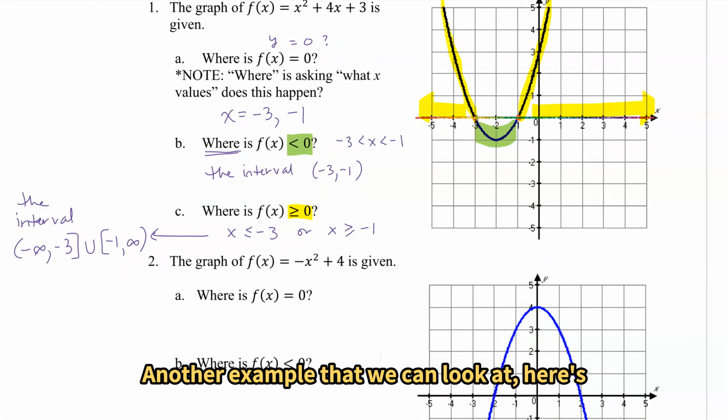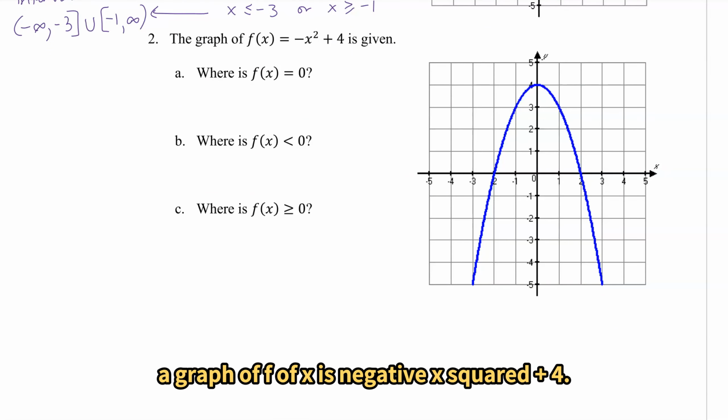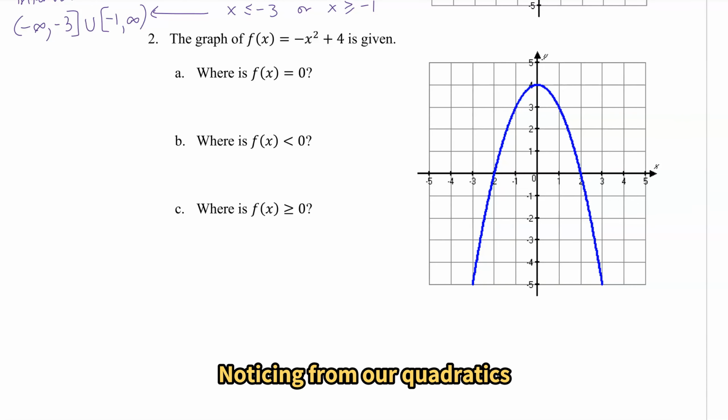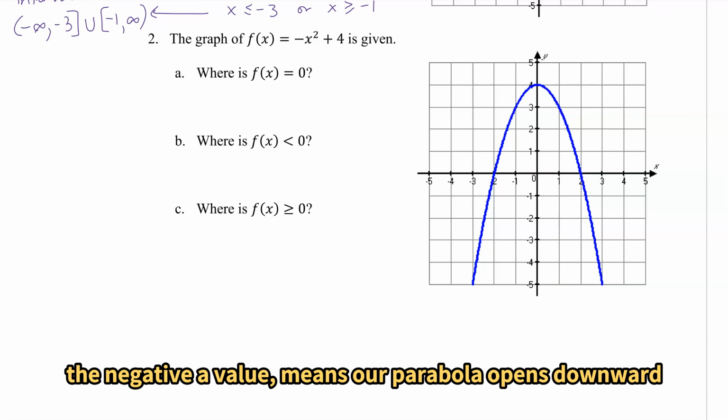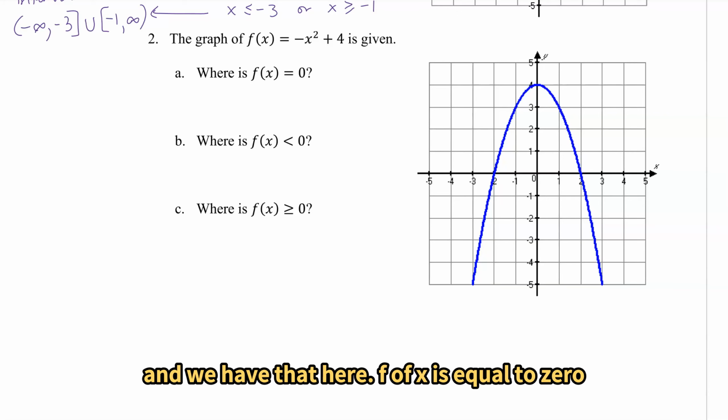The difference between greater than and greater than or equal to is merely the indication of including the endpoints or not. Another example that we can look at, here's a graph of f of x is -x squared plus 4. Noticing from our quadratic chapter, the negative a value means our parabola opens downward, and we have that here.